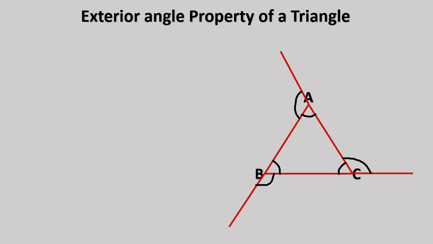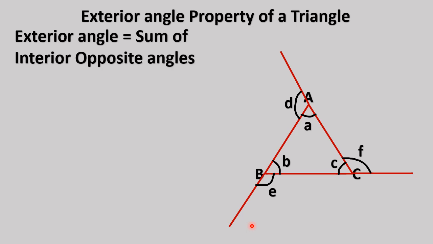Now what is this exterior angle property? Now I am naming the interior angles A, B, C, and the exterior angles let us name as D, E, F for our convenience to refer. Okay. Now exterior angle is equal to the sum of the interior opposite angles.